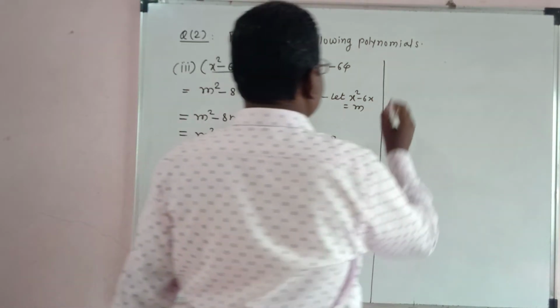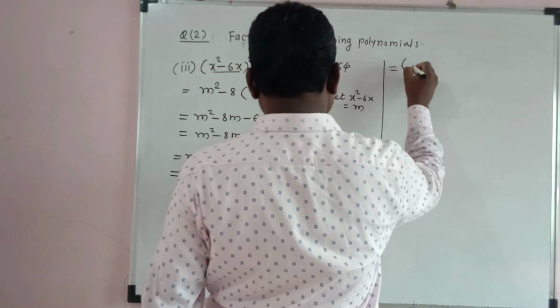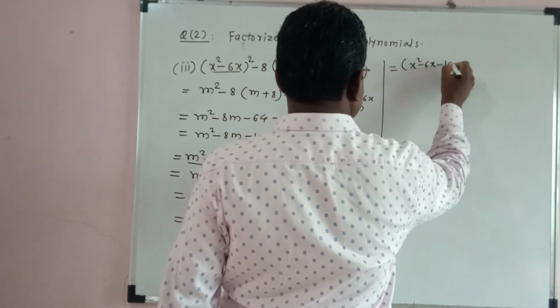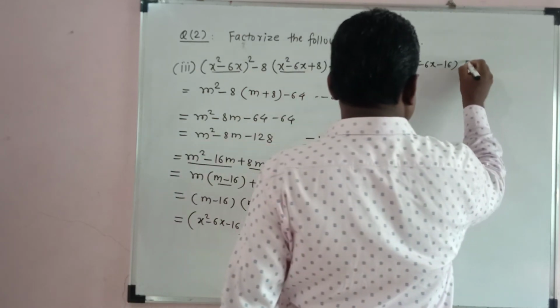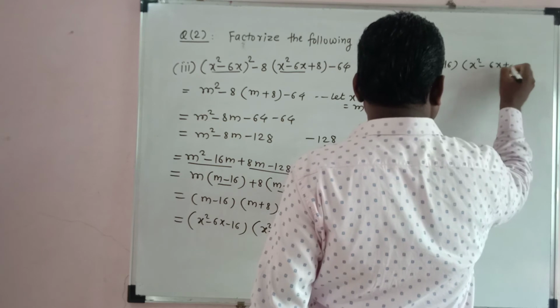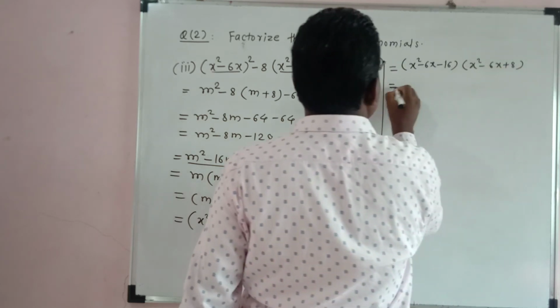Now write here x square minus 6x minus 16 in the first bracket and x square minus 6x plus 8 in the second bracket.